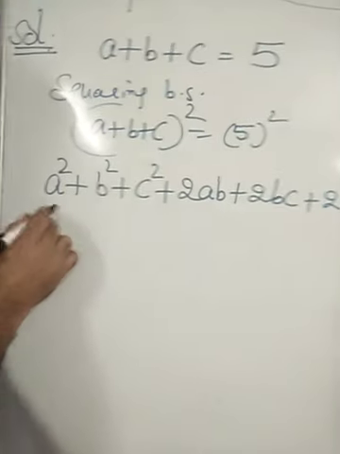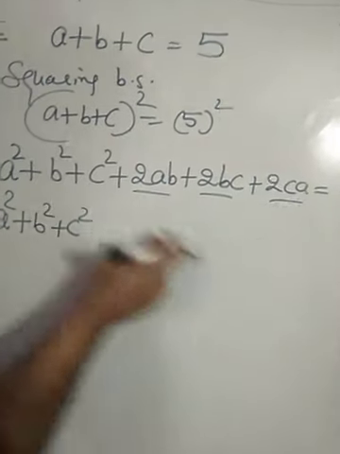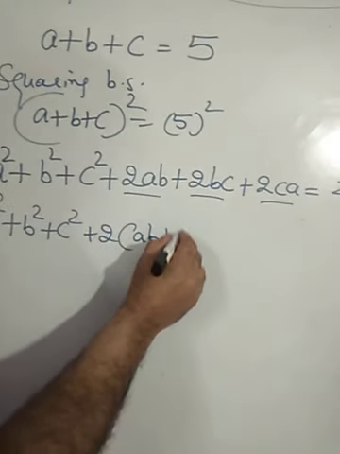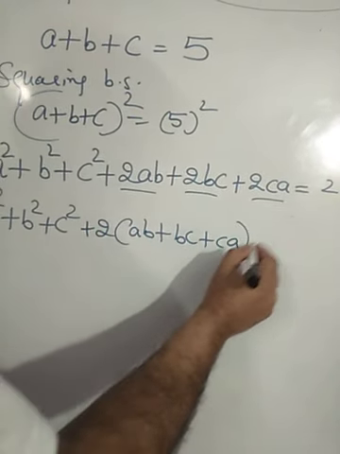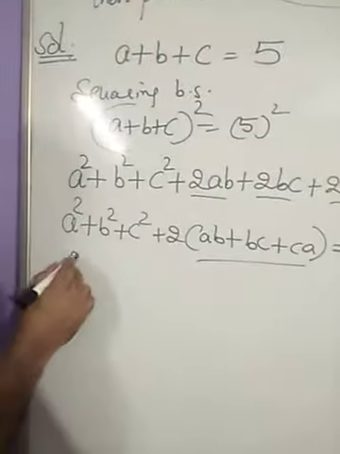See what I do here? From the last 3 terms in this, I can take something common. What is the common? 2. So take 2 common: ab plus bc plus ca. And ab plus bc plus ca, again its value is given as 10. So let's fill this value here.